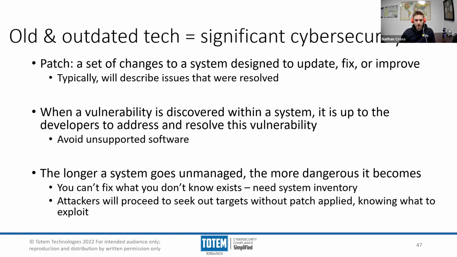So patching is a broad definition. There are many different things that a patch could address, but specifically in the context of this series, when I talk about patching, I'm primarily talking about a patch fixing errors within a given system. So that's sort of how we're going to view it.